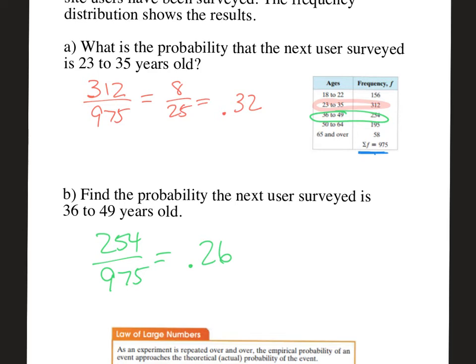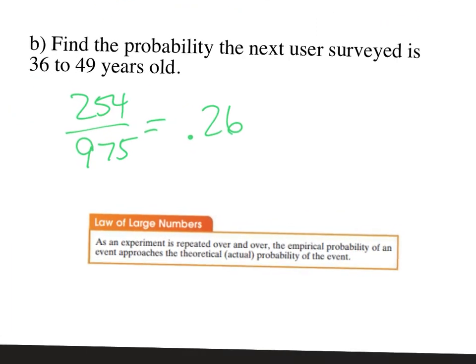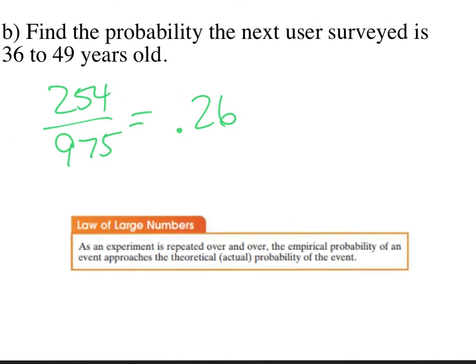All right, so then down here we got the law of large numbers. As an experiment is repeated over and over, the empirical probability of an event approaches the theoretical probability of the event. So here's the thing, like we had said, there's a 1 out of 6 chance that you're going to roll a 2.